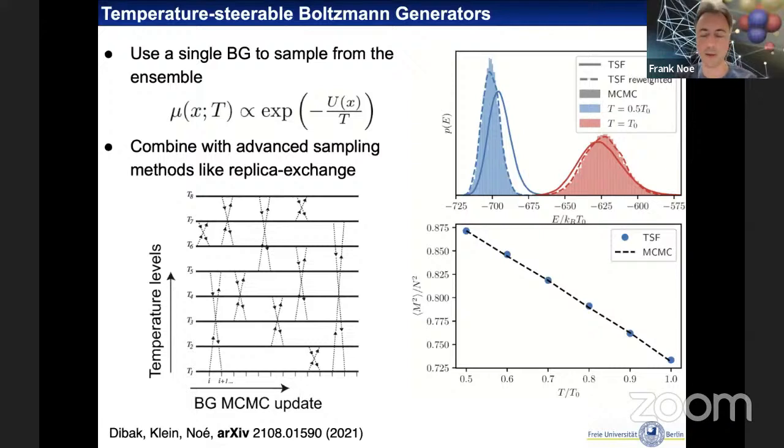So here we've made the first step to develop flow architectures that are parameterizable by temperature and potentially also by other thermodynamic variables. What that means is, first of all, if you train them at one thermodynamic state point, they would generate a certain probability distribution. And now if you change that temperature dial, this temperature parameter, then the same neural network generates the corresponding probability distribution at a higher or a lower temperature.